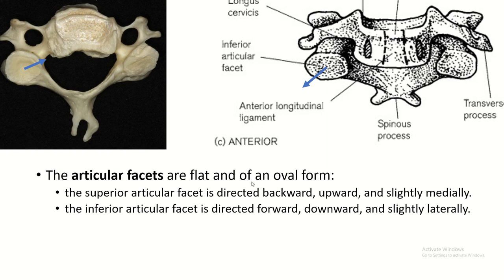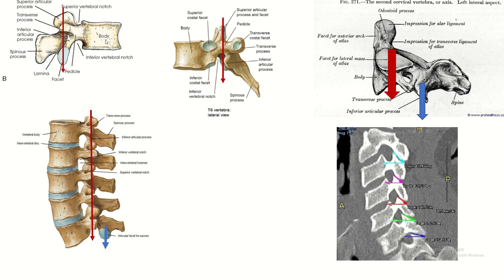The articular facet is flat and oval. The superior articular facet is directed backwards, upward and slightly medially, and the inferior articular facet is directed forward, downward and slightly laterally. So this is the location of the superior articular facet, this is the location of the inferior articular facet, and they are not at the same level.